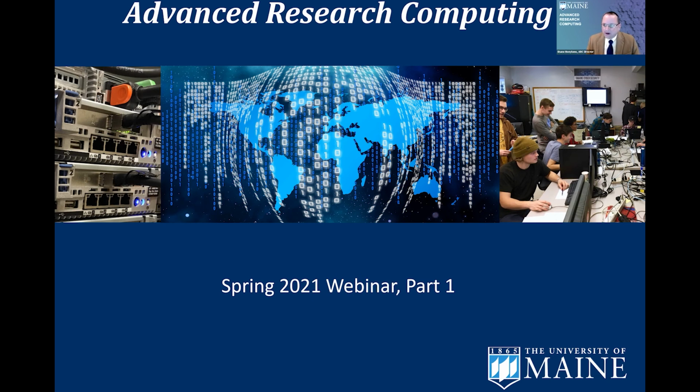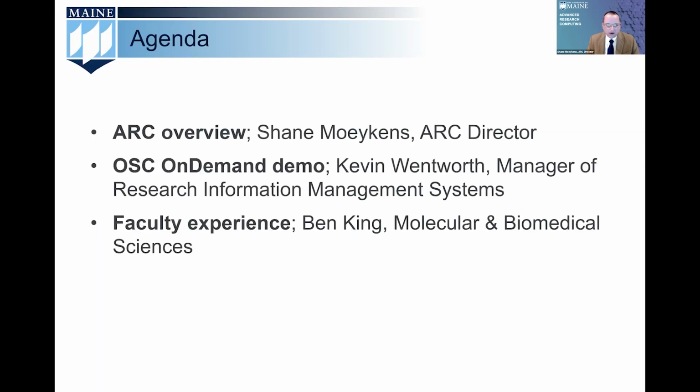So we're going to have three parts to the webinar today, followed by Q&A, and we're going to try to go through the slides efficiently to make sure that there's open time for any questions, any dialogue with attendees. I'll start things today with an overview of Advanced Research Computing.